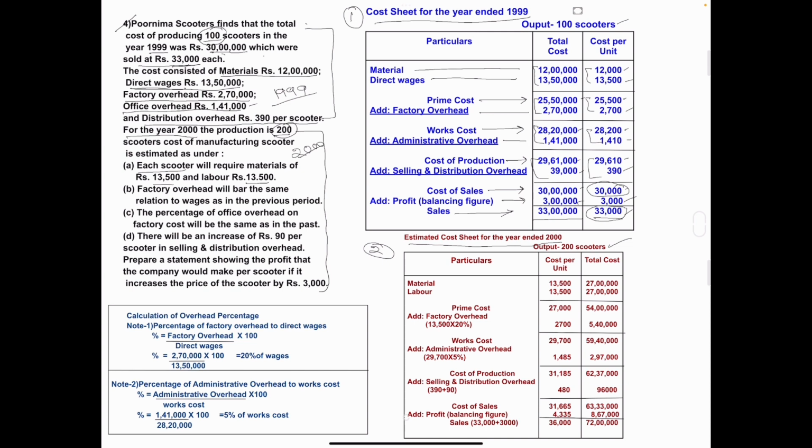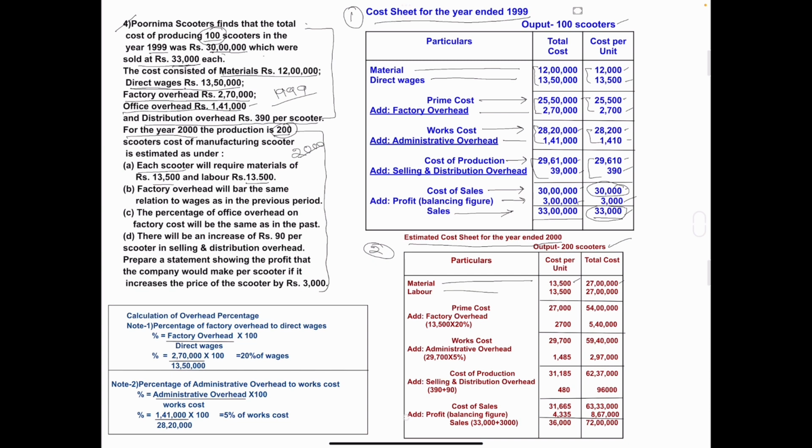So we will write here material 13,500 per unit. Each scooter they have mentioned, no? So per unit 13,500. To get the total amount, what we have to do? 13,500 into 200. We will get 27 lakh.